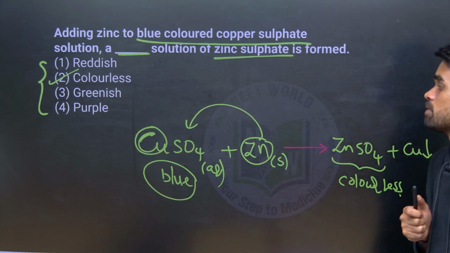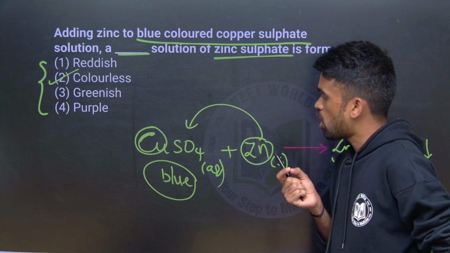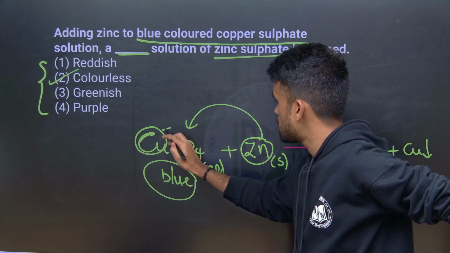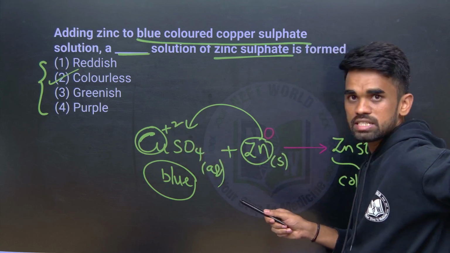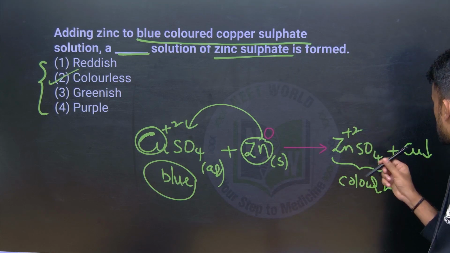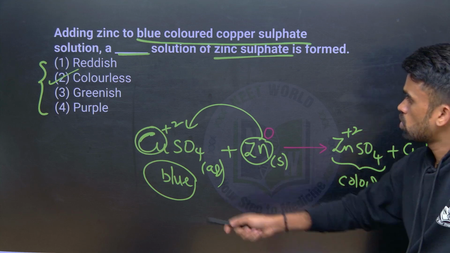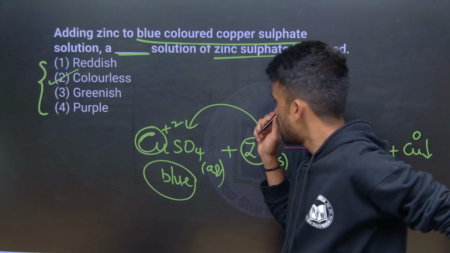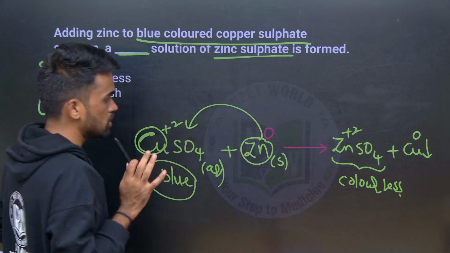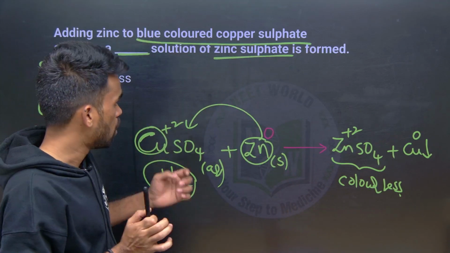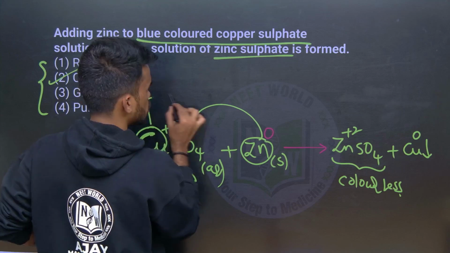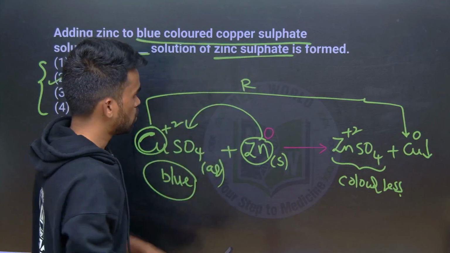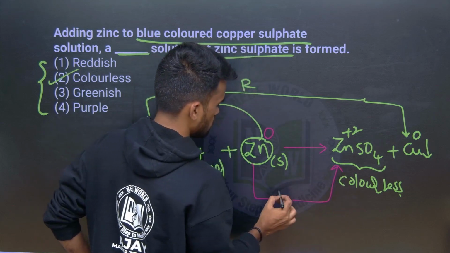Tell me whether oxidation and reduction are taking place in this reaction. Yes, they are. Here copper is in +2 and zinc is in 0 oxidation state. Now zinc becomes +2, and copper becomes 0. So the copper ion is converted into a copper atom, and the zinc atom is converted into zinc ions, right? So this is a redox reaction. This is reduction, a decrease in charge, and this is oxidation, an increase in charge.